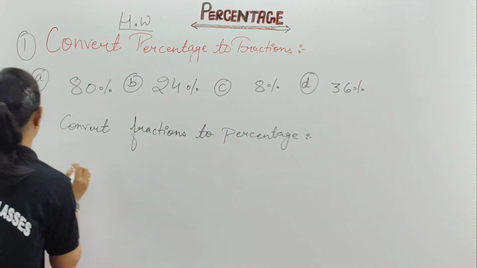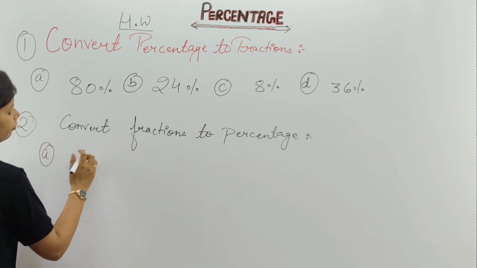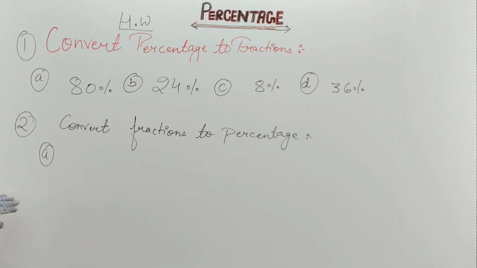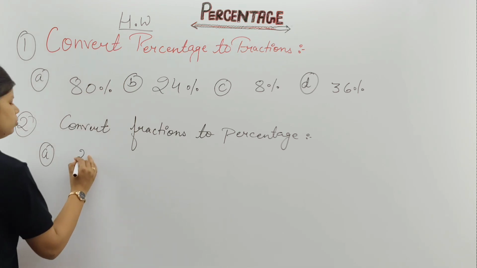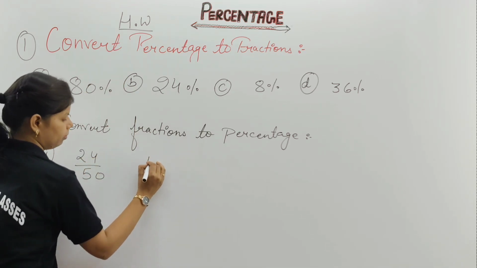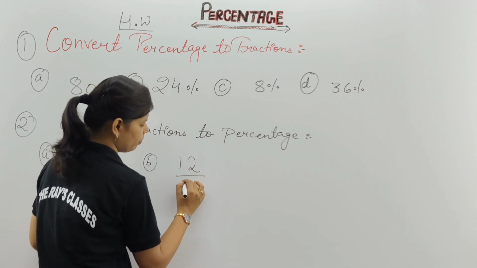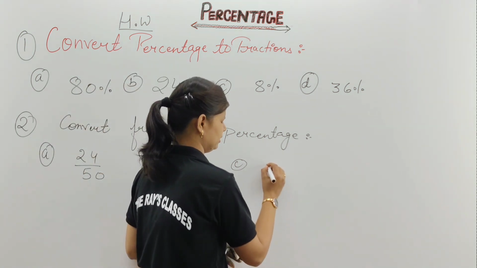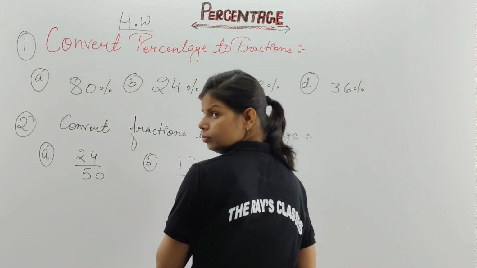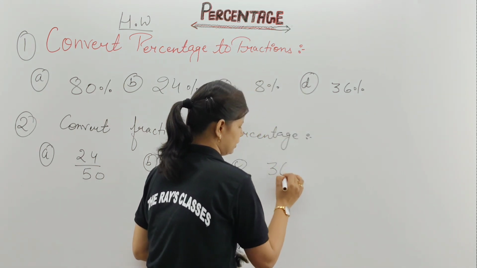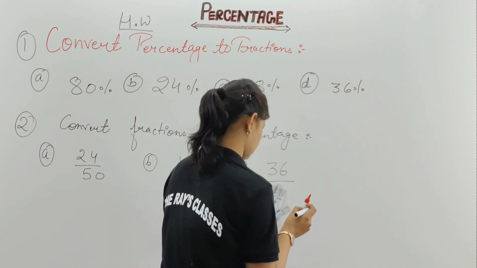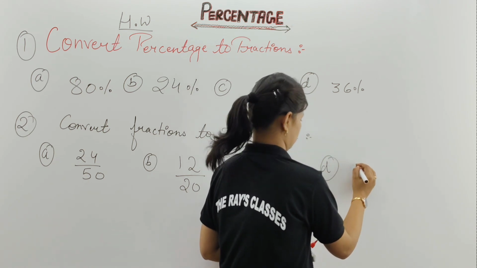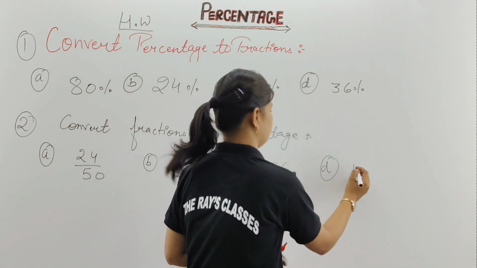And your question is given, A: convert fractions, 24 upon 50, B will be 12 upon 20, C will be, 24 I have given, no? 36 upon 25, and D I'll give you, 18 I have not given.